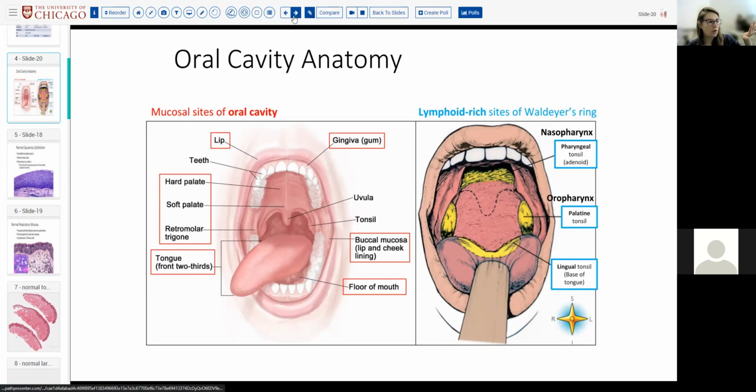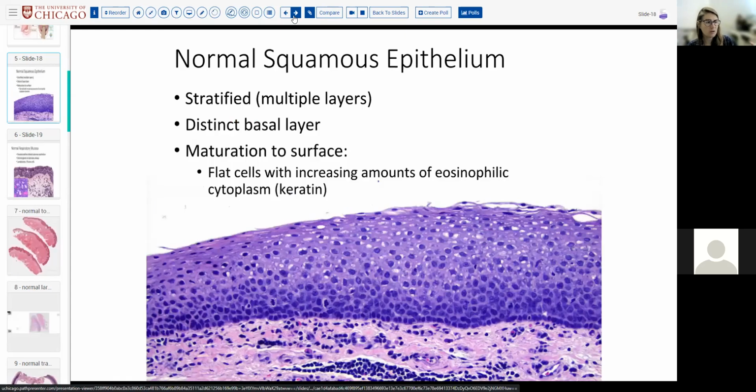Okay, so I'm sure, as you all know, normal squamous epithelium is so-called stratified, meaning it has multiple layers. It generally has a distinct basal layer, and it matures to the surface. Matures meaning the cells become increasingly flat with increasing amounts of intracytoplasmic or eosinophilic keratin, okay?